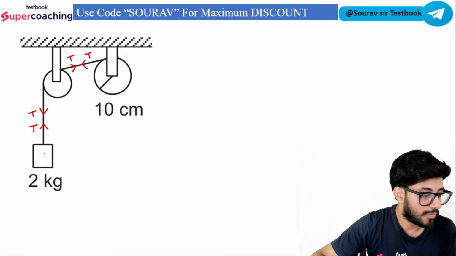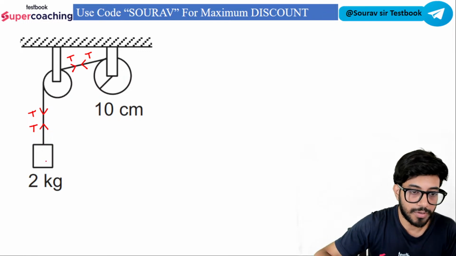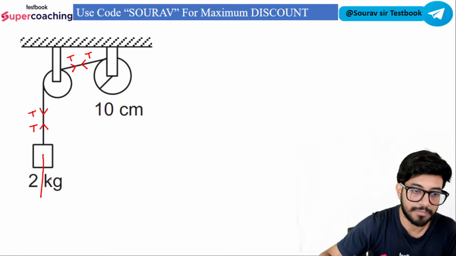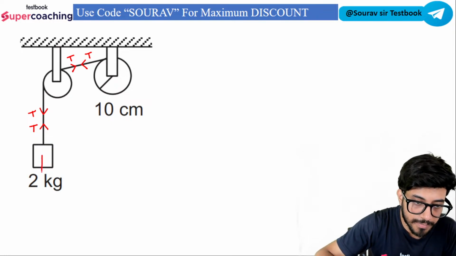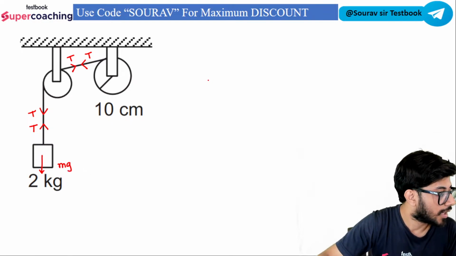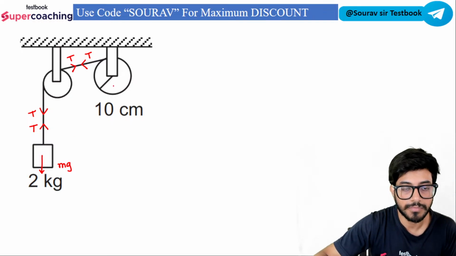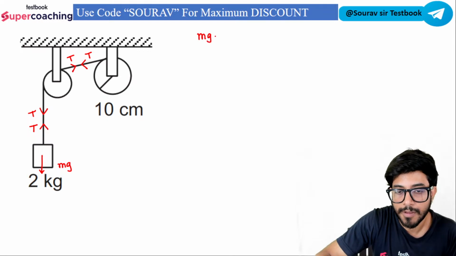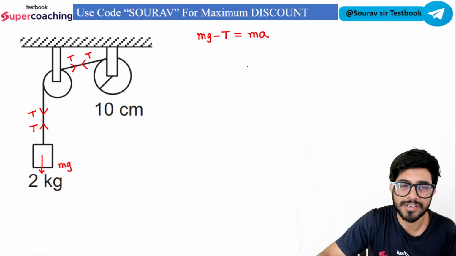The block has a mass of 2 kg, so mg acts in the downward direction. So I can write for this case: mg minus tension is equal to mass into acceleration.